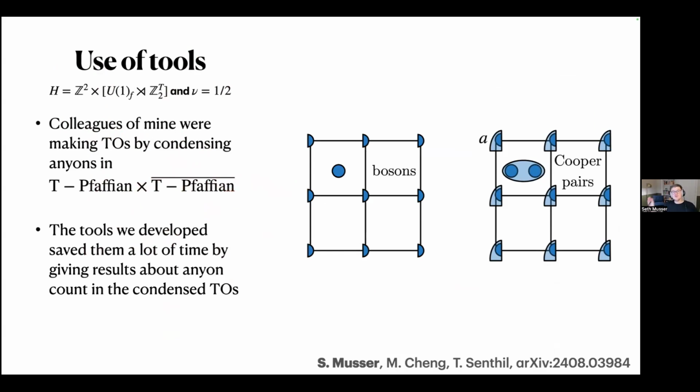So this is some huge topological order, and they wanted to see if they could get Z2 gauge theory. And our result was able to really constrain the possibilities for that. So these tools are useful in many contexts, including by saving you time if you're trying to construct topological orders.